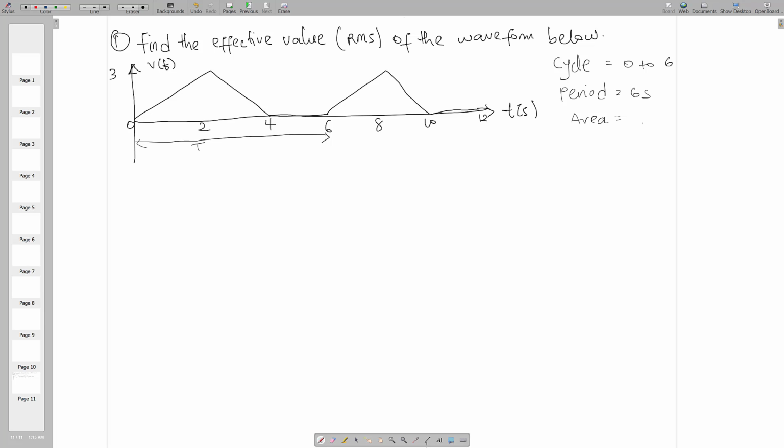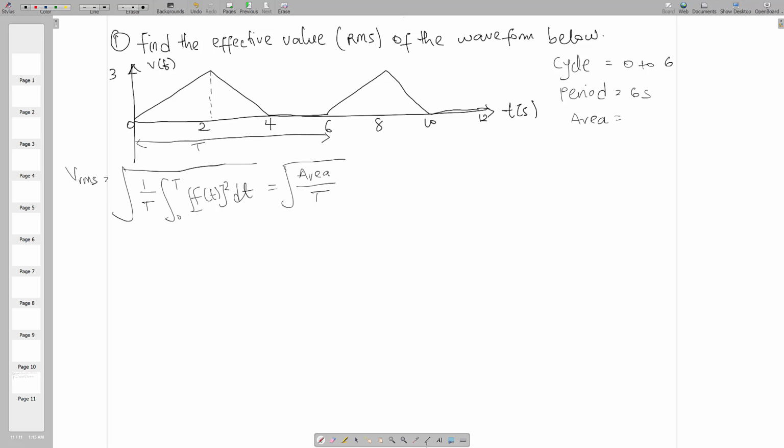So then the next step for us is to find the area, because RMS is 1 over T, that is the period of the cycle, and from 0 to T we square the function like this, which is the same as area over the period. So let's take a look at something.